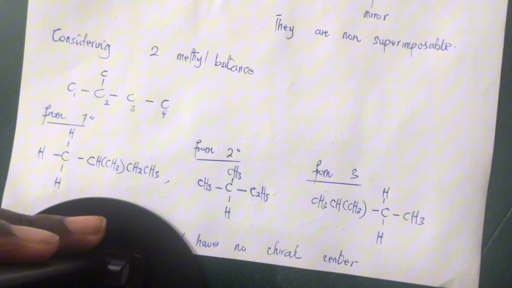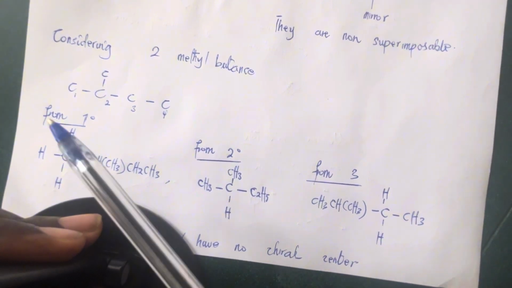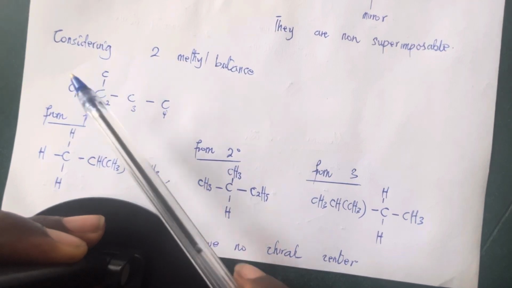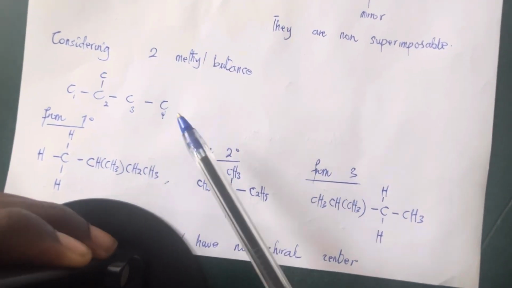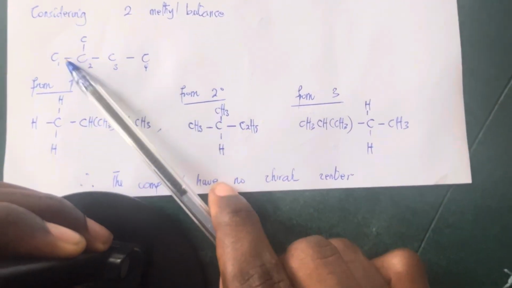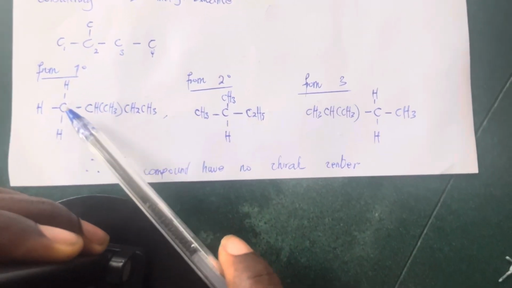Now, if you are asked to check whether the compound has a chiral center, what are you going to do? You take the first carbon. One thing you have to keep in mind is the meaning of a chiral center. A chiral center, as I explained earlier, means the carbon is bonded to 4 different groups. So here, the first carbon is bonded to what?